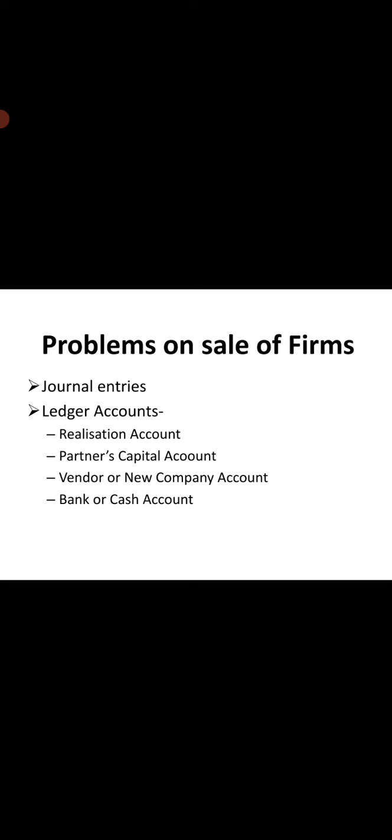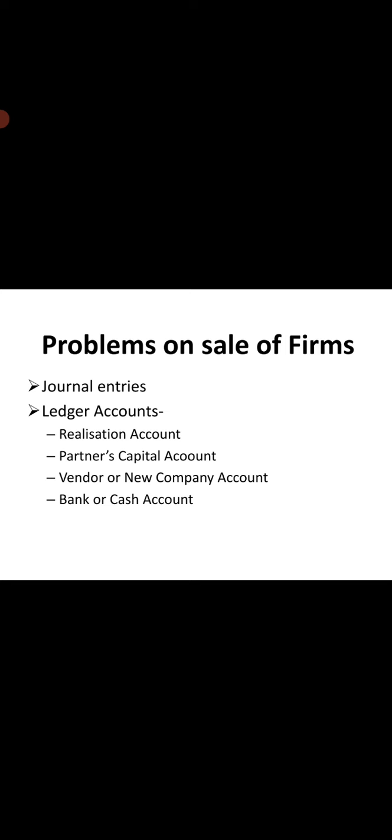In the next stage, the problem asks for journal entries. In the journal entries, normally we have to transfer all the assets and liabilities to the realization account, and then give the entry for receiving the purchase consideration, settlement of purchase consideration, realization of investments which are not taken over by the new company, and payment of partners' capital and settlement respectively.